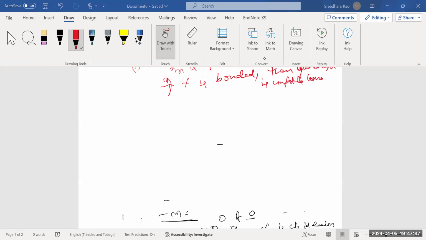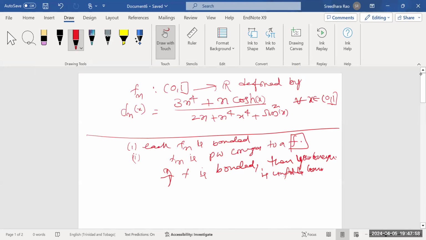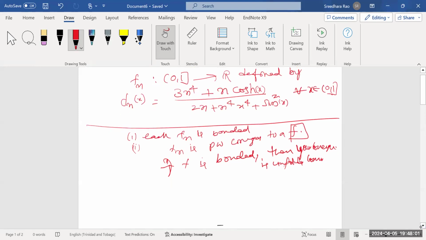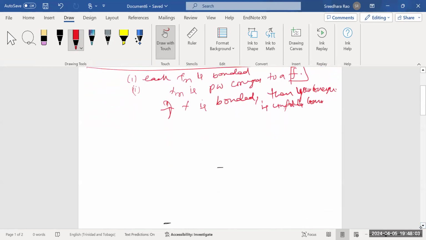So you have to see what the limit function of the convergence is. First verify whether each Fn is bounded or not. So verify modulus of Fn of x.